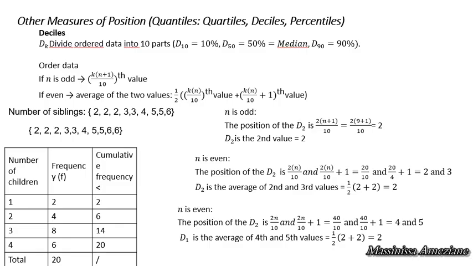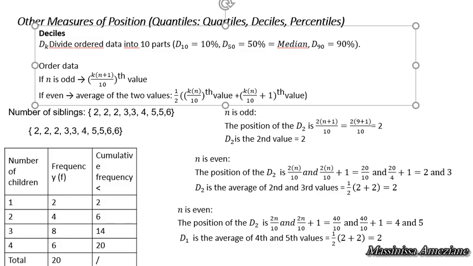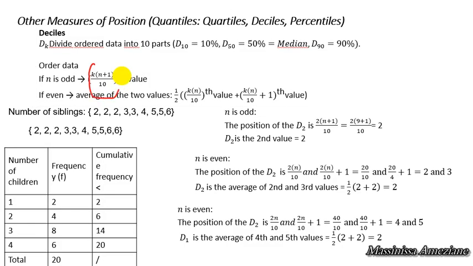Now for deciles, they divide the ordered data into 10 equal parts, and we do the same thing as the median, as the quarters. So the first thing, we need to order the data and check if we have an odd or even number. If we have an odd number, it is just one position, which is k times (n plus 1) divided by 10.